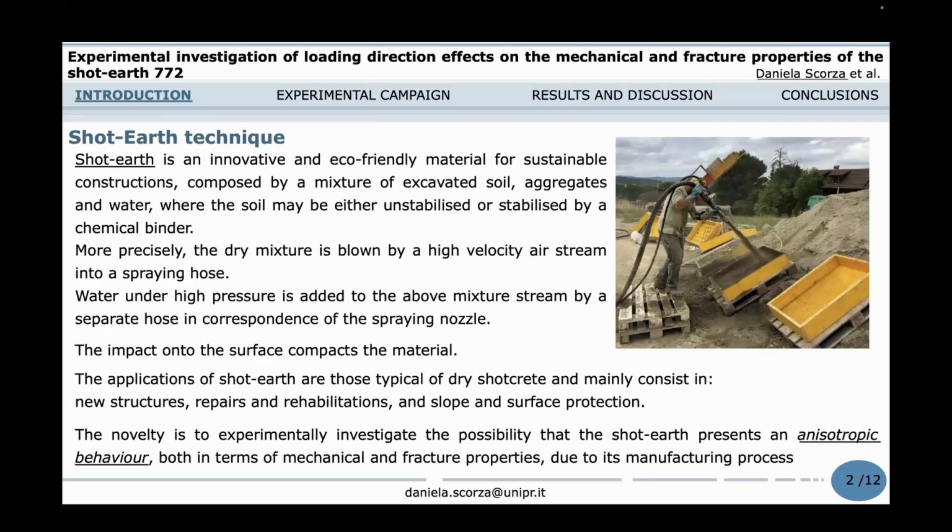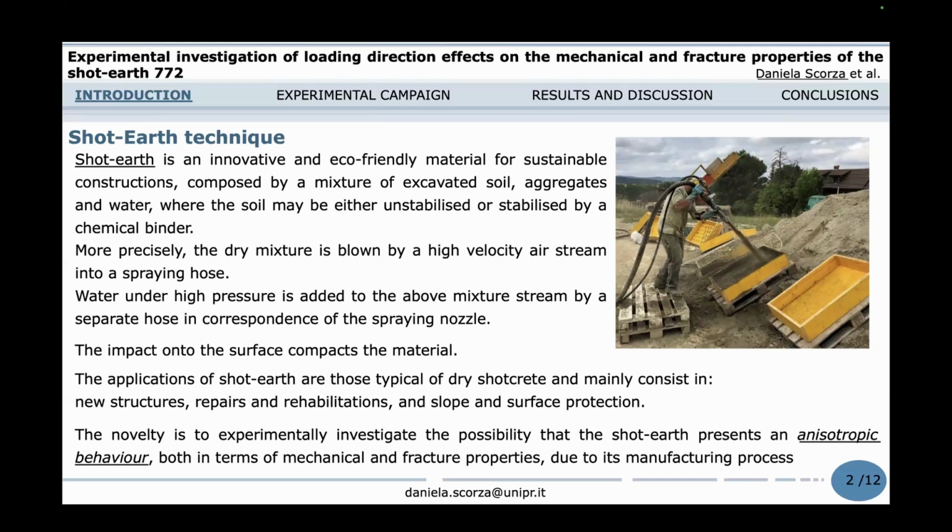The material examined here is shoe earth, an innovative and eco-friendly material that has gained attention and interest as a sustainable construction material. It is composed of a mixture of excavated soil, aggregates, and water, where the soil may be either unstabilized or stabilized by a chemical binder.